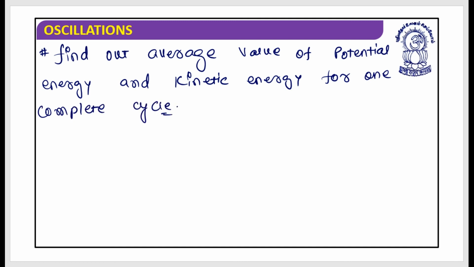When we say one complete cycle, that means one complete oscillation. What I want is an average value of potential energy and kinetic energy. So first, let's write down the potential energy and kinetic energy.